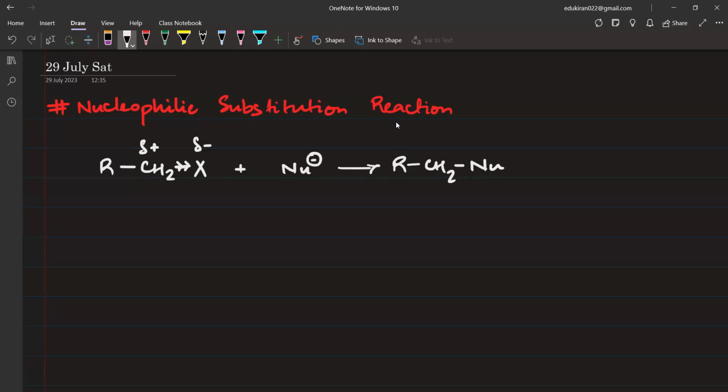Please write a reaction in which, so it is a replacement reaction now. The halogen atom is being replaced by a nucleophile. Now, what is a nucleophile? We will see.